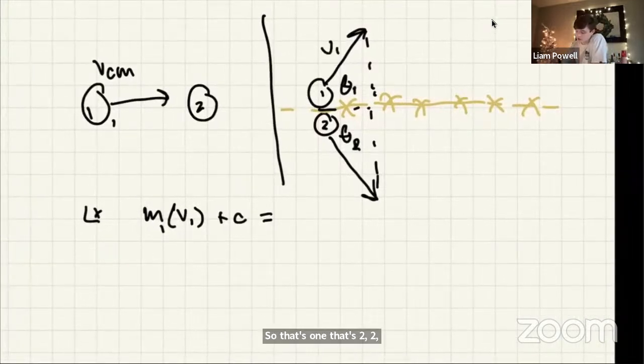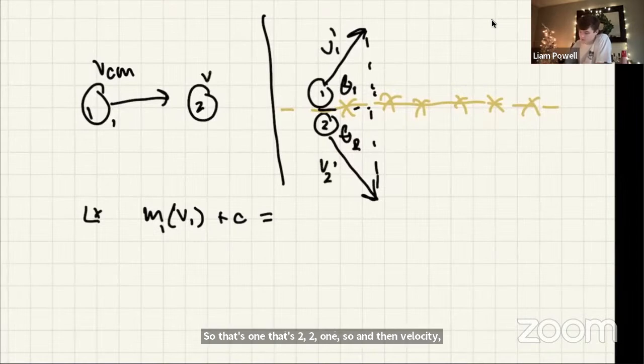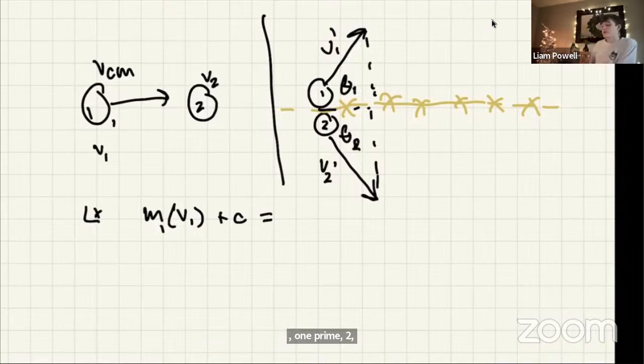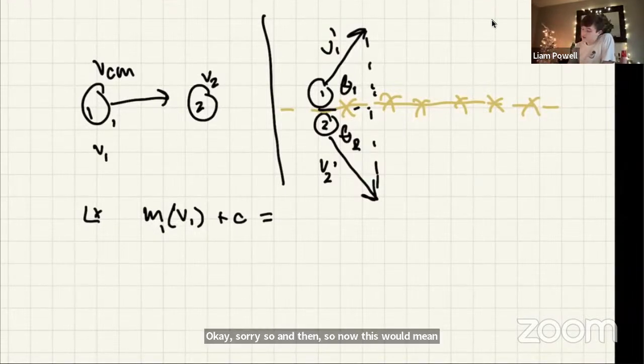So, and then velocity 1 prime, velocity 2 prime. Okay, sorry. So now this would mean that the velocity here is equal to the cosine.